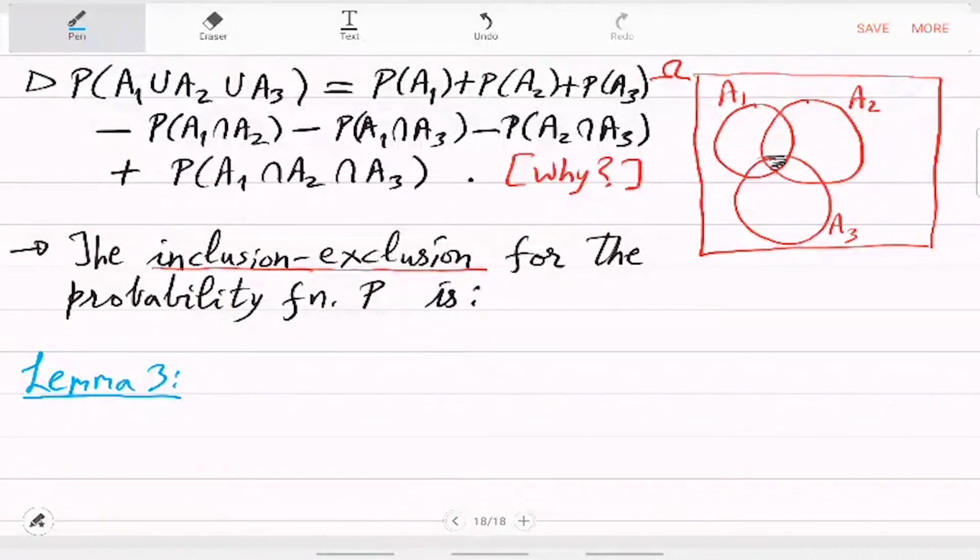The probability of the union of n events, n is at least 1. You already know the result for n equal to 1, n equal to 2, and also n equal to 3. What is the general form?